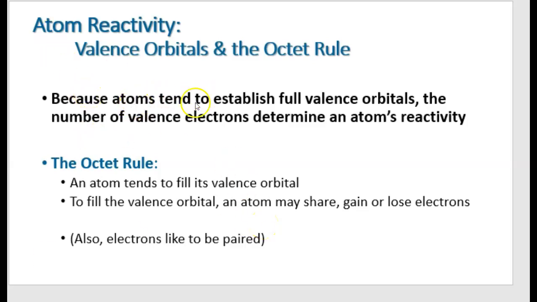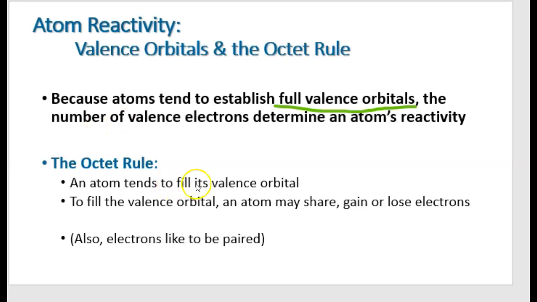Because atoms tend to establish full valence orbitals, meaning they want to have all the orbitals full, the number of electrons present in an atom's valence shell determines how it's going to react with other atoms.